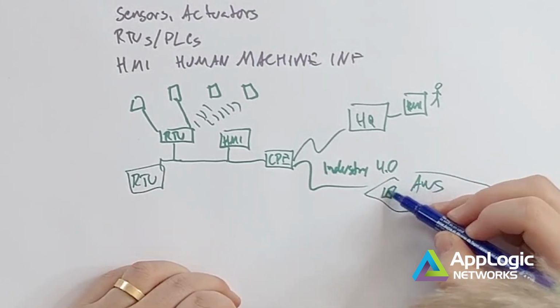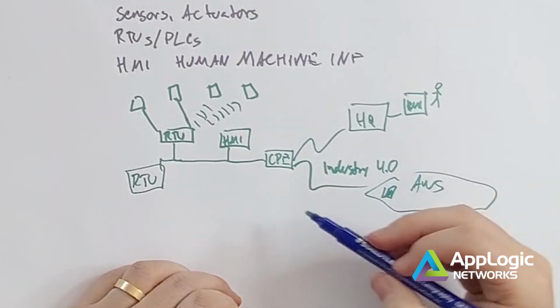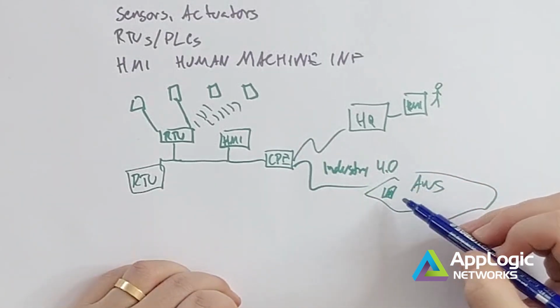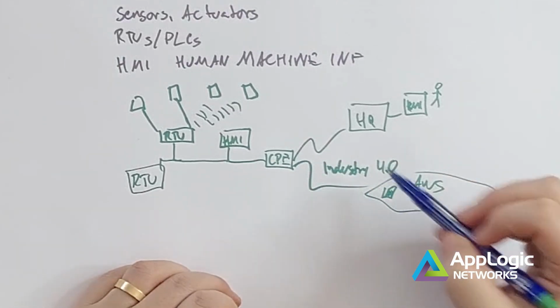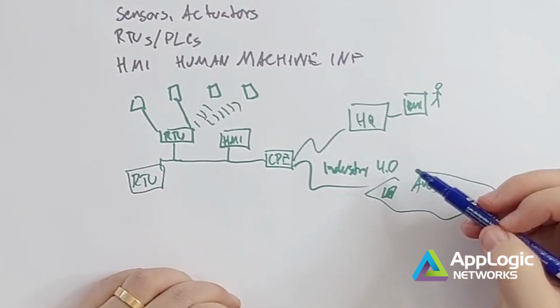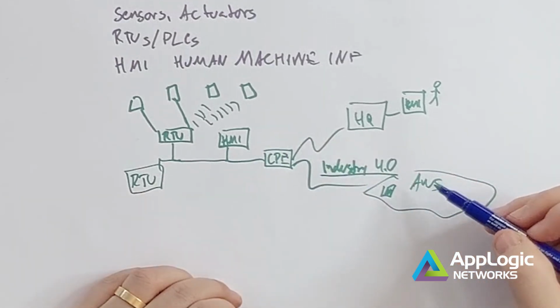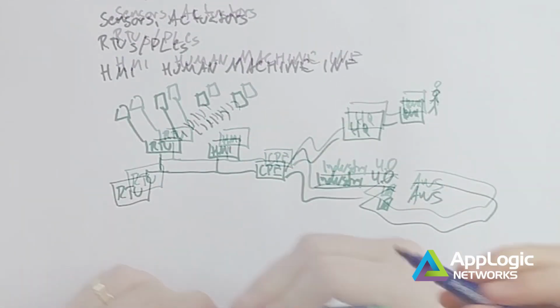Let's say it's Amazon, where some AI software is getting a lot more data, sensor data, running a control loop, running the alert logic, optimizing the system. So with Industry 4.0, there's just a lot more data in the network.